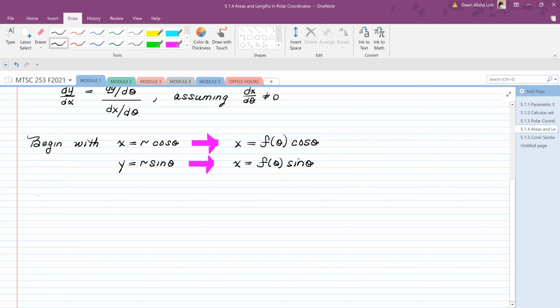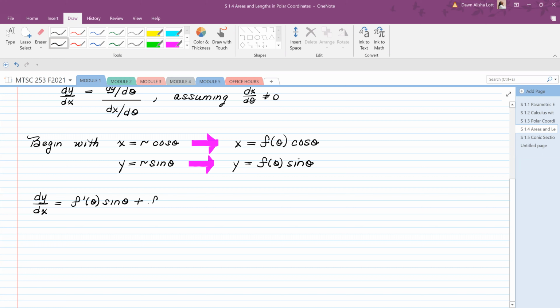So dy/dx, I got to do dy/d theta first. So whoops, this is supposed to be a y. So dy/d theta says, take the derivative of f multiplied by the sine of theta.